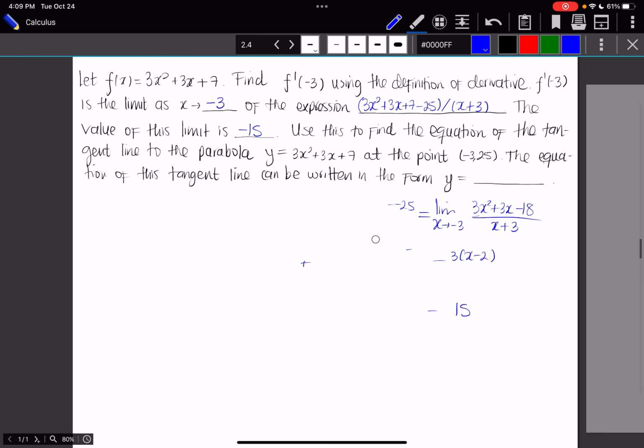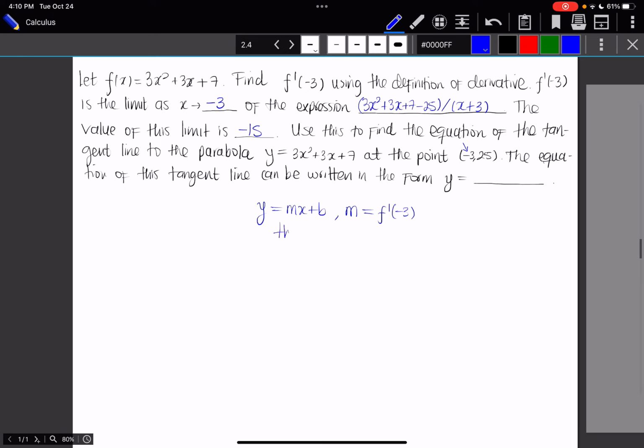Let me erase here to make room for the second part of this question. Now, the equation of the tangent line to the parabola at the point -3, 25 can be written as y equals mx plus b, where m is equal to the derivative of the function at the x value we see right here, -3.